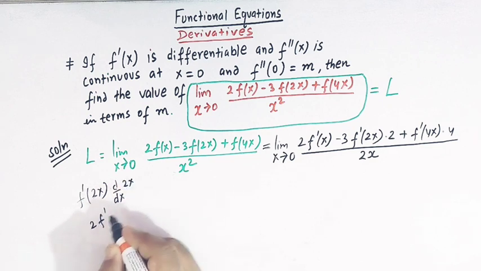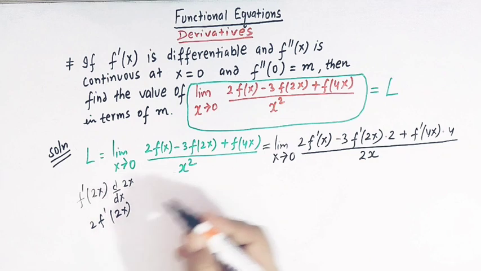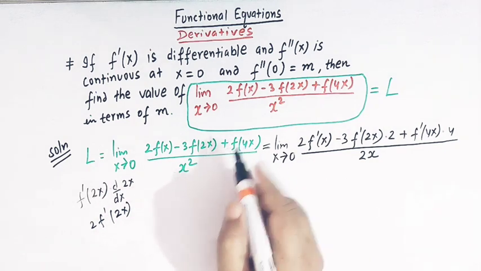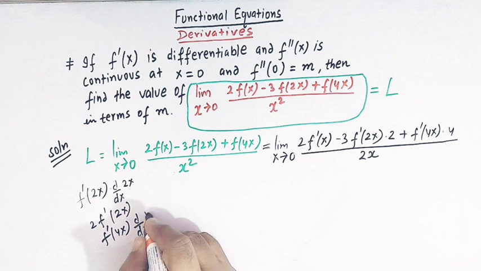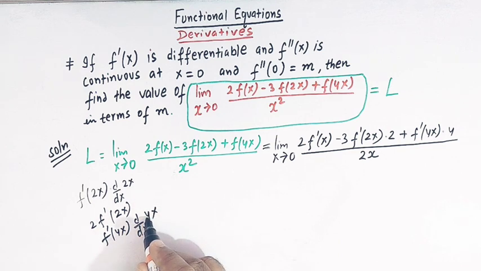So we have 2 f prime of 2x, right? And similar is the case with f(4x). So when we differentiate f(4x), then we get f prime of 4x. And then the derivative of 4x, the derivative of x is 1. We are left with 4. And this is 4 times f prime of 4x, right?